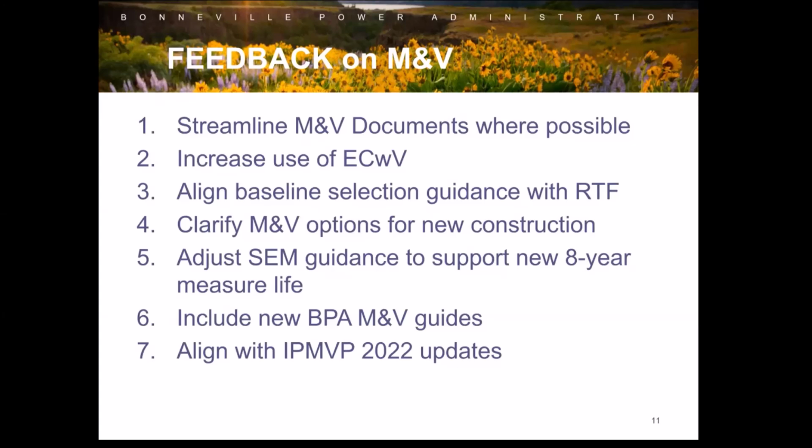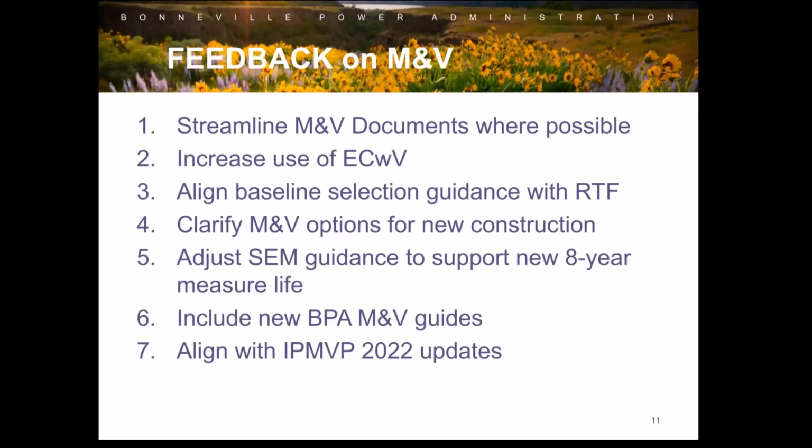We also received feedback about better aligning baseline guidance in the selection guide with RTF language. The Regional Technical Forum defines all of the guidelines that work as an overarching set of protocols for the BPA guidelines and protocols. So that was an important step.